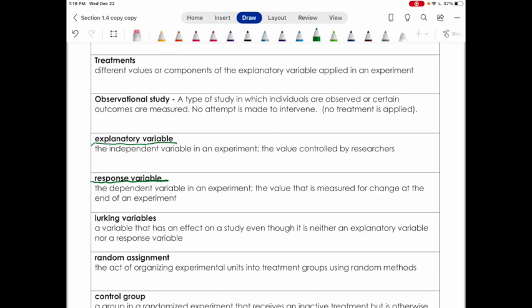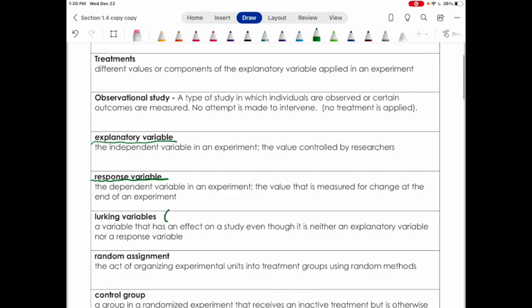Now, sometimes additional variables pop up that cause confusion in a study on what is causing the changes in the variable. These variables are called lurking variables. Sometimes these are also called confounding variables.